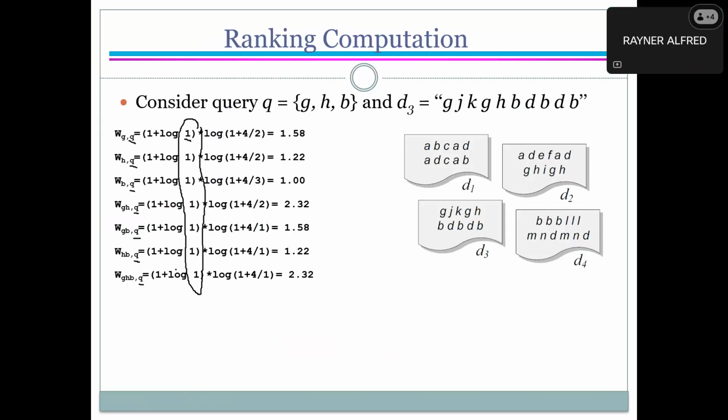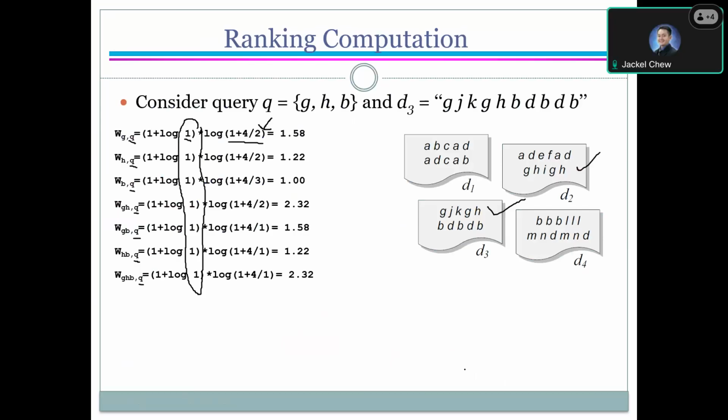Okay. The next log base 2, where is it from? G. This? Yeah. Okay, this one is the IDF. So this one is referring to the number of documents that consist of G, which is this one, 2.